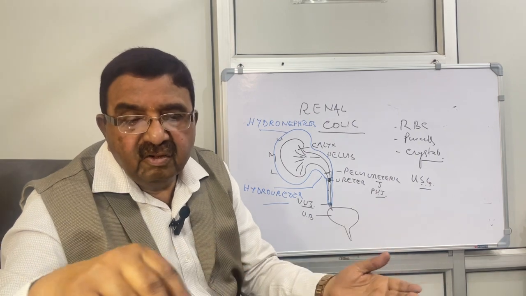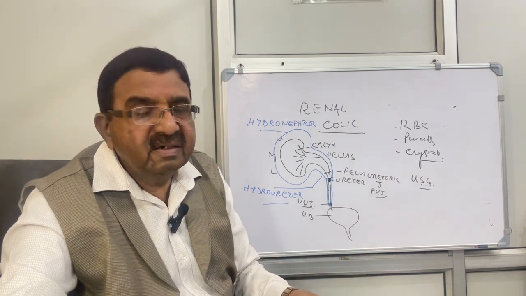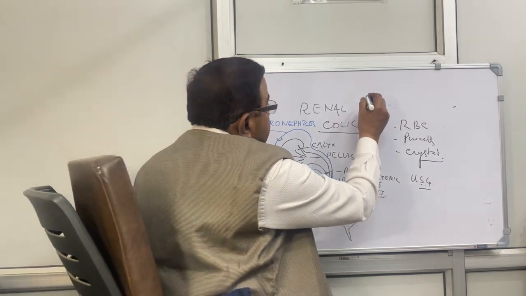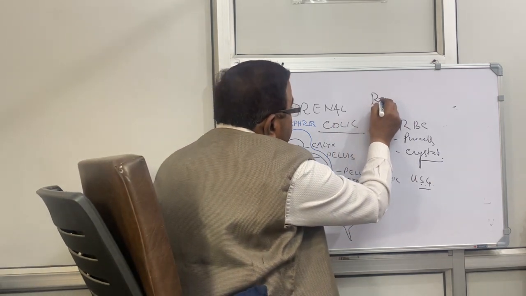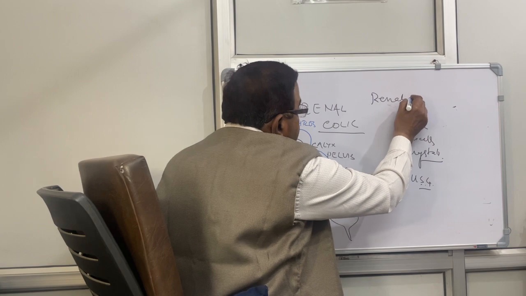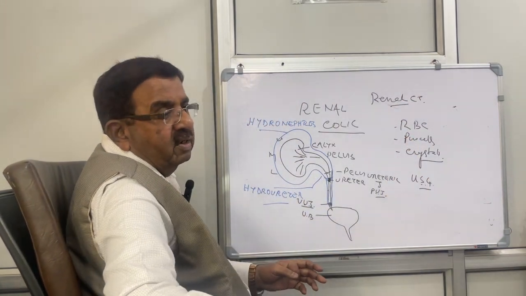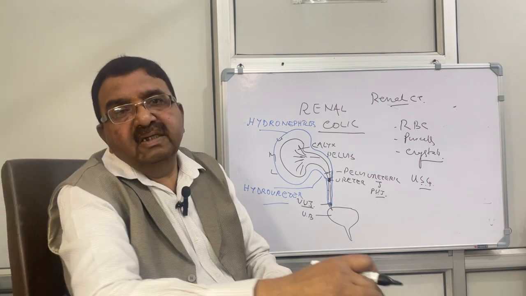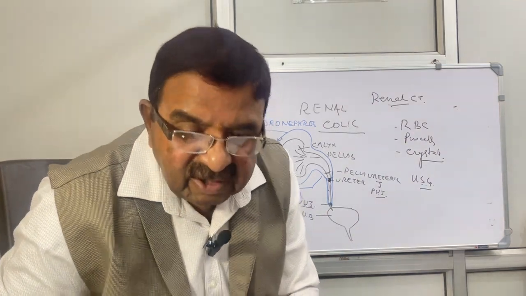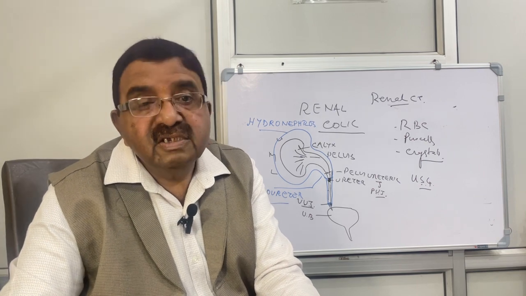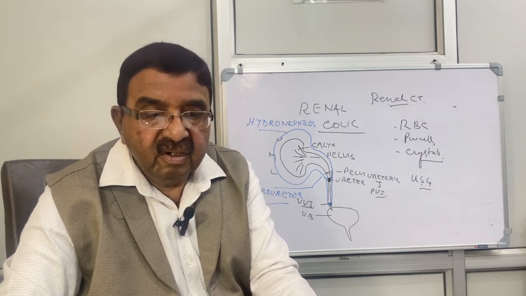Now to further confirm this, we can go in for a renal CT scan or MRI that will finalize the diagnosis of kidney stone, and depending on the size and the placement of the stone, the patient's management is decided.